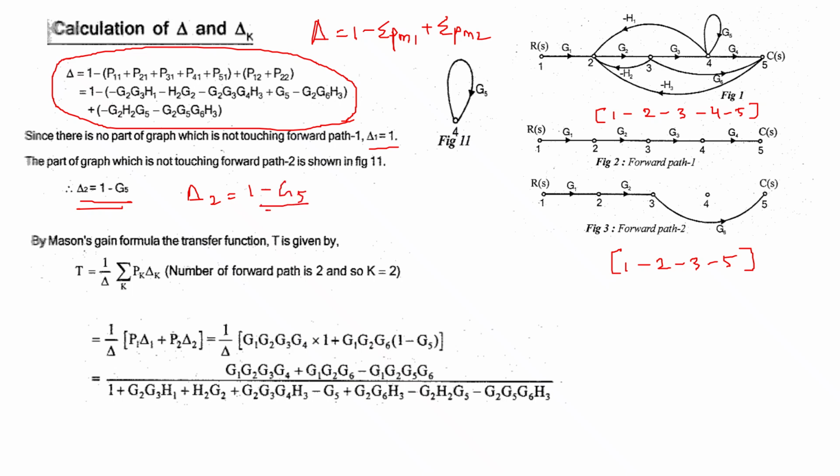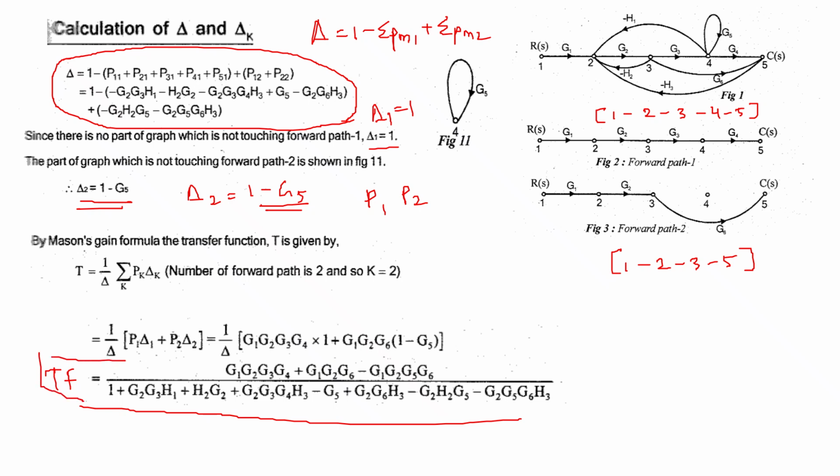So delta 2 is 1 minus G5. We have found delta 1, delta 2, P1, P2, and delta. Substituting all these values, you can derive the transfer function as shown in the expression. This is your final transfer function for the given signal flow graph.